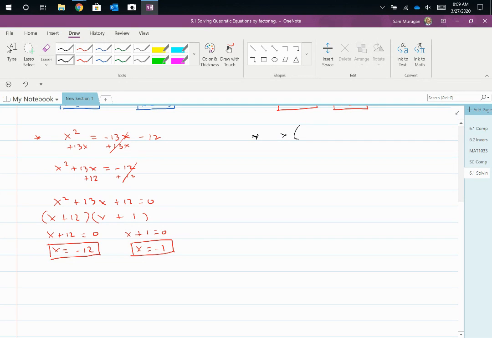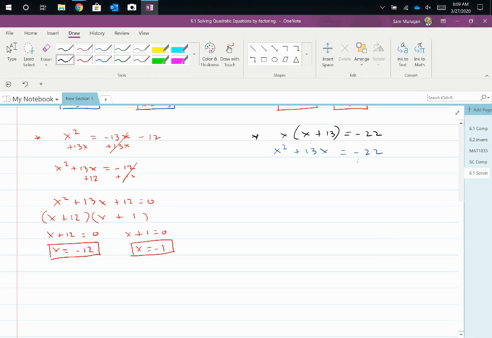x times x plus 13 is equal to negative 22. So our first step here would be to distribute x into x plus 13. We have x squared plus 13x equals negative 22.